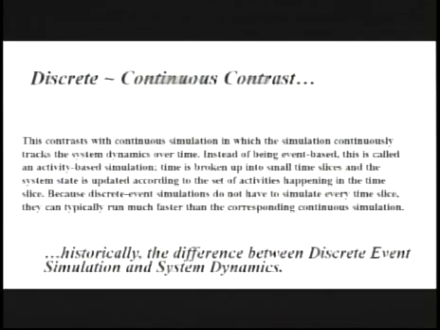And the system state is then updated according to a set of activities happening at that time. Because discrete event simulations do not have to simulate every time slice, they can typically run much, much faster than corresponding continuous simulations. That's an advantage. It all obviously has disadvantages, and I'll touch on those a bit when I get into the stochasticity nature.